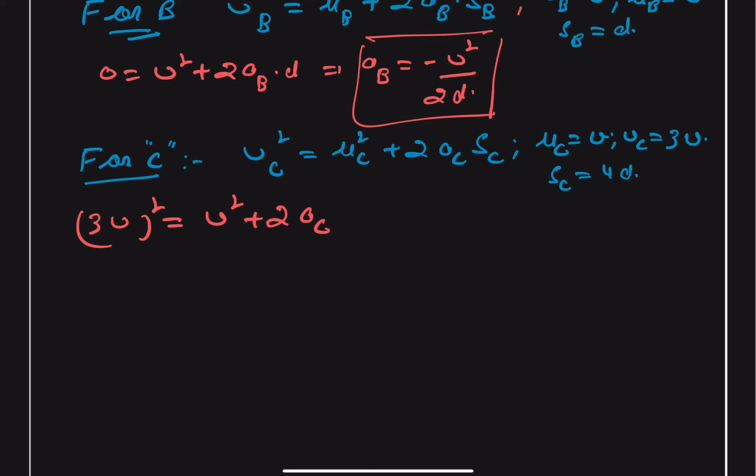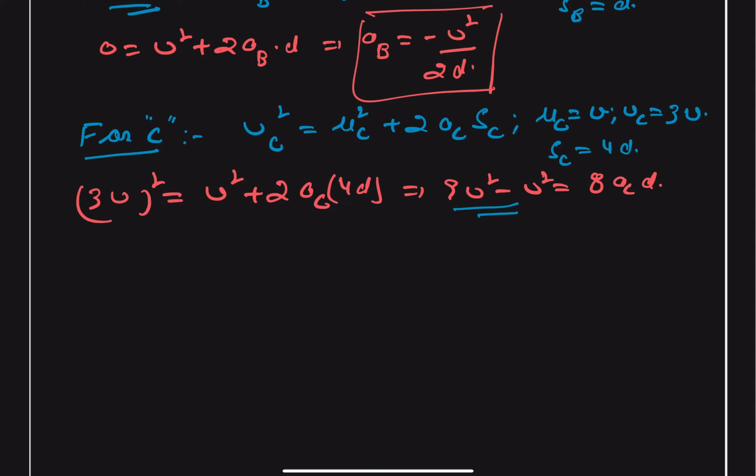So this comes as 9V square minus V square is equal to 8AC multiplied by D. And this also comes as 8V square, and 8 cancels out. So 8V square is equal to 8 times acceleration of C multiplied by distance D, and 8 cancels out. So this gives us that the acceleration of C is equal to V square by D.